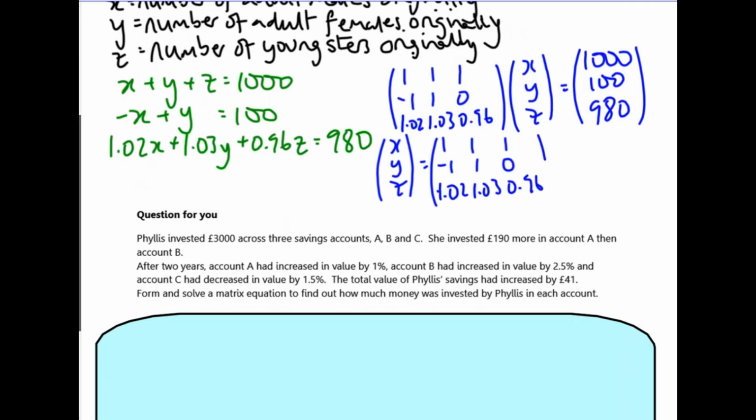So it's the matrix to the minus 1 times by 1,000, 100, 980. And then we're going to do this calculation.